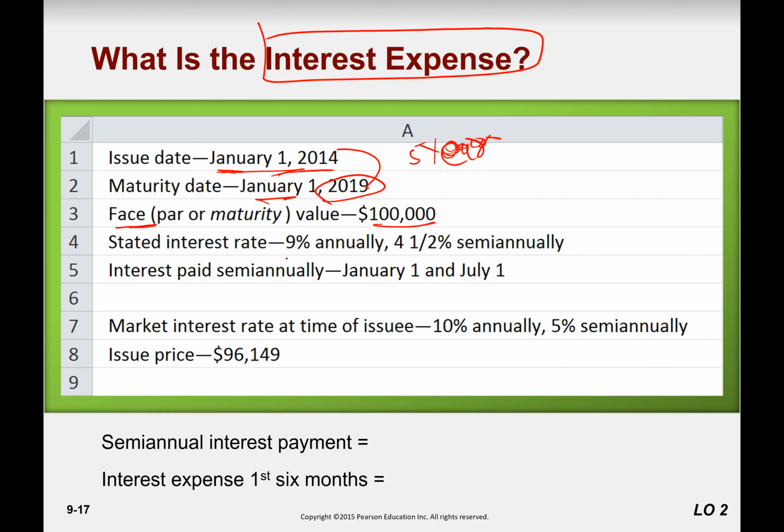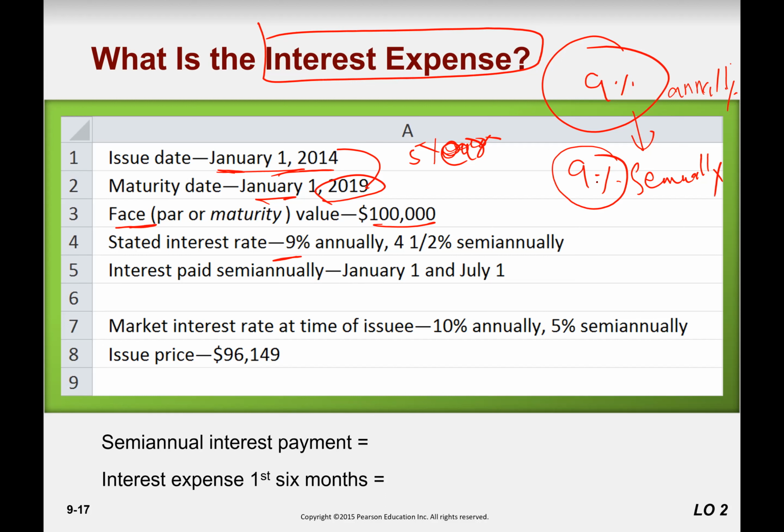Stated interest rate is 9%. Remember, 9% means interest is always given annually, but the payment schedule is given after that. So 9% semi-annually means that the yearly interest rate is 9% and the payment is 9/2, which is 4.5%.